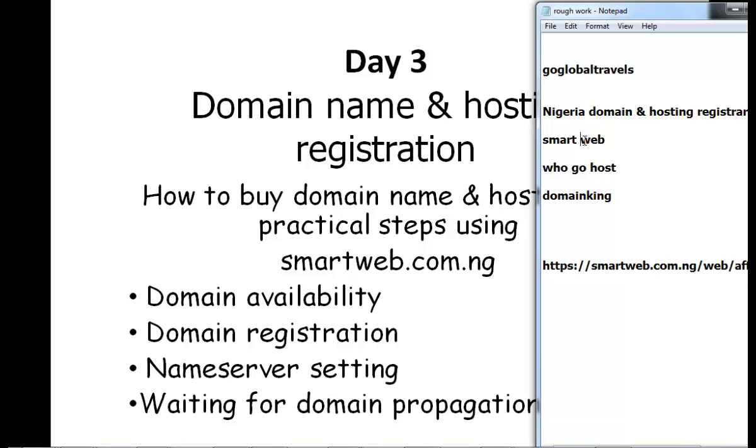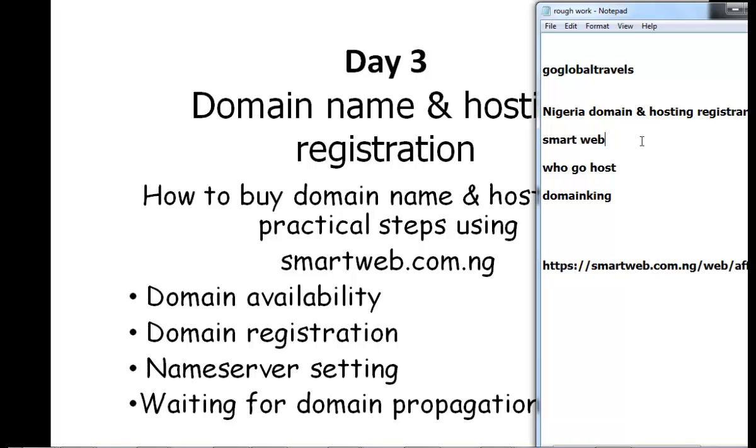I'm doing this because of our newbies that don't have enough capital. If I asked you to go for an international or foreign domain name and hosting registrar, talking about Namecheap, you'll be spending nothing less than between 16,000 naira and 20,000 naira to get started. And if you don't have up to that, that is why I'm recommending Smart Web.